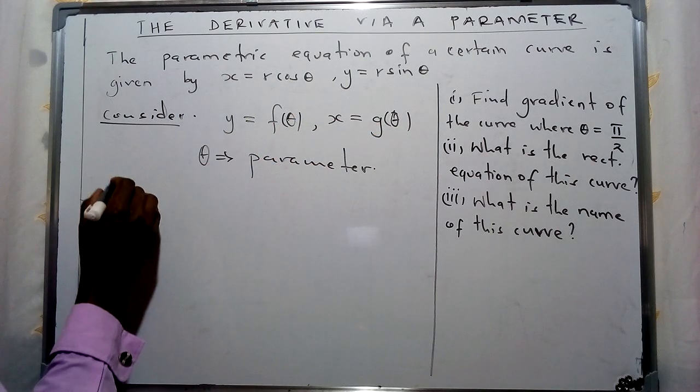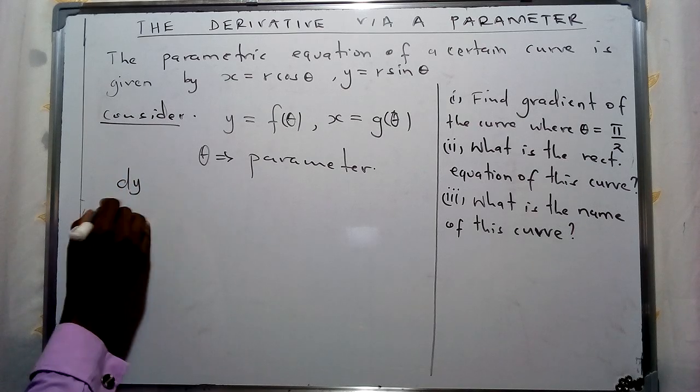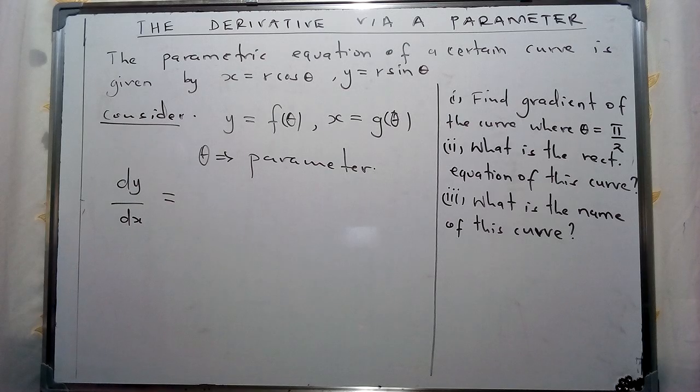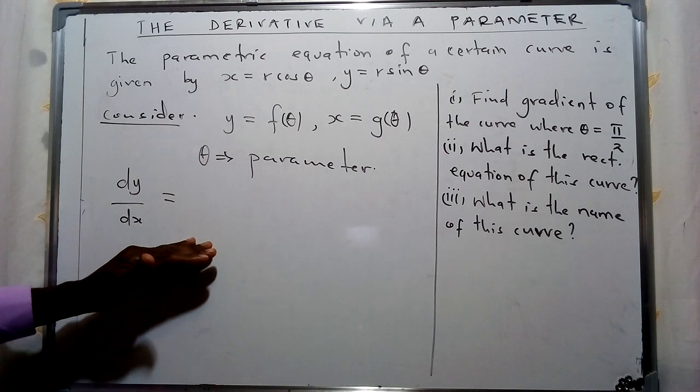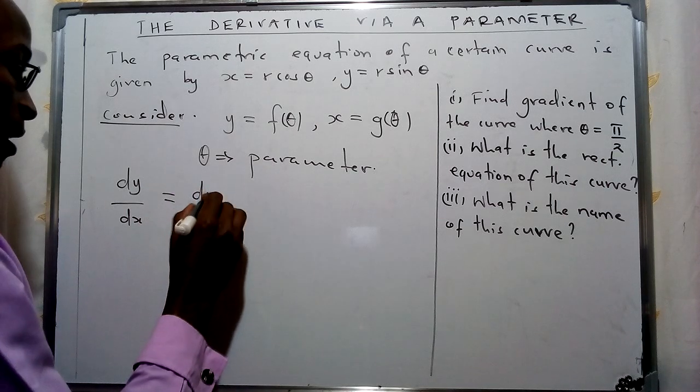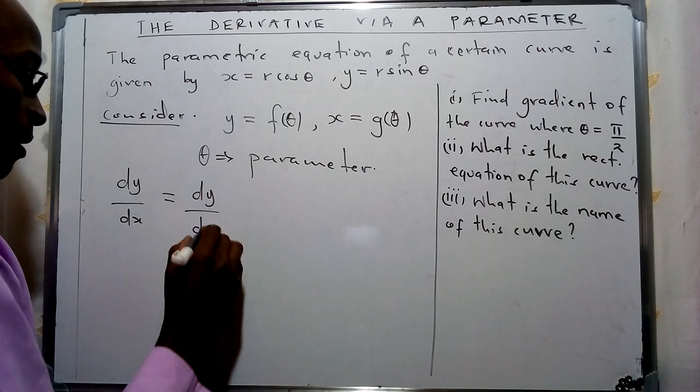Now, for us to find the derivative dy over dx, this is given from the concept of the chain rule which we had in our previous discussion. It can be given as dy over d theta, multiplied by d theta over dx.